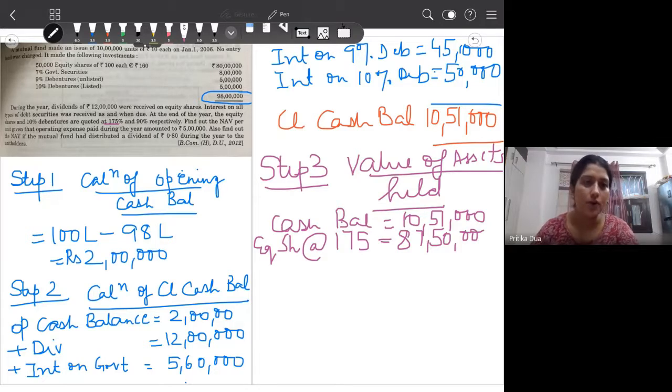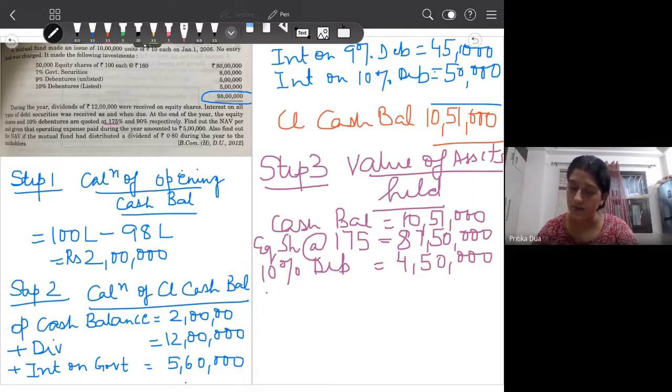Then apart from that, we see that 10% debentures are now quoted at 90%. So 10% debentures which had a value of 5 lakh are now trading at 90%, which means they are trading at 4 lakh 50,000.